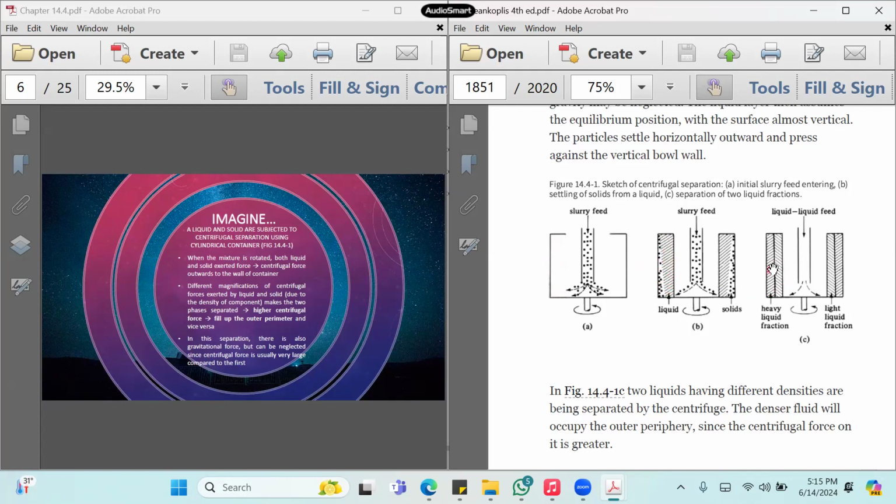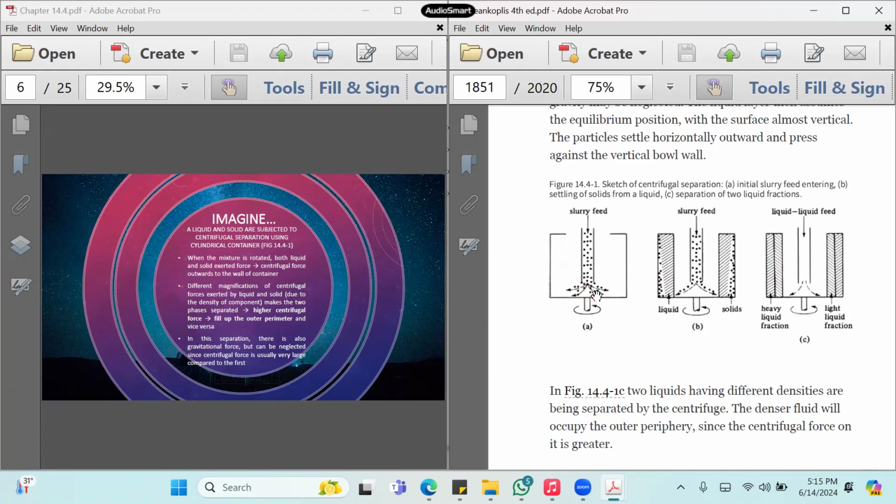It goes as well if we have two liquids with different density. The heavier liquid will fill the outer perimeter, while the lighter one will fill the inner perimeter. Okay?